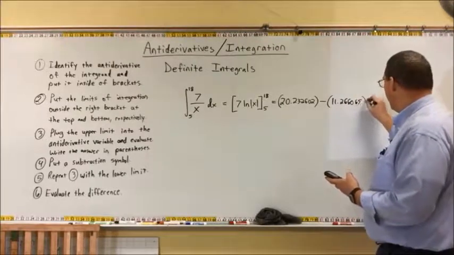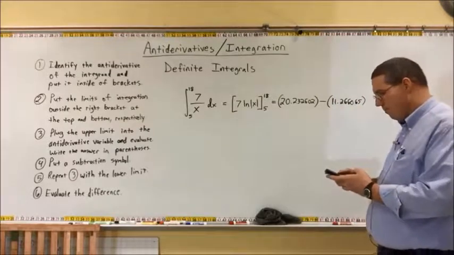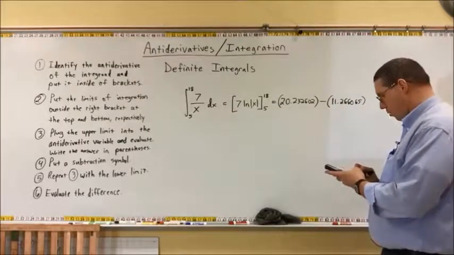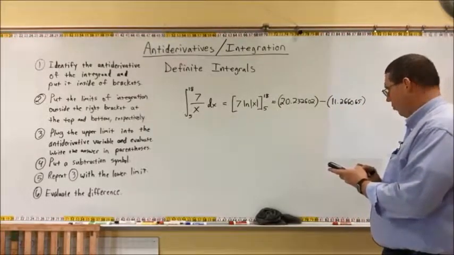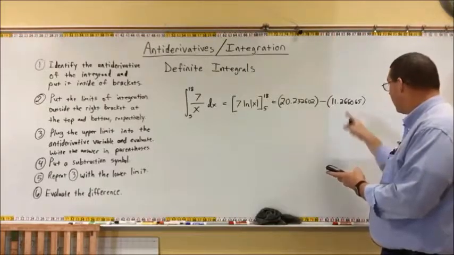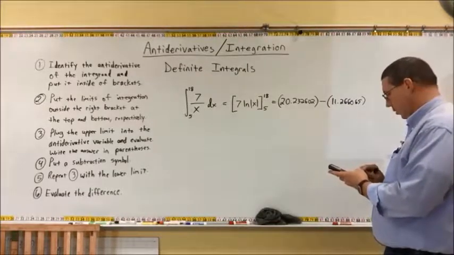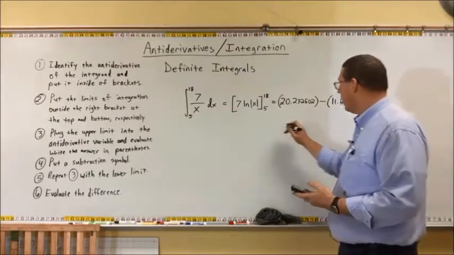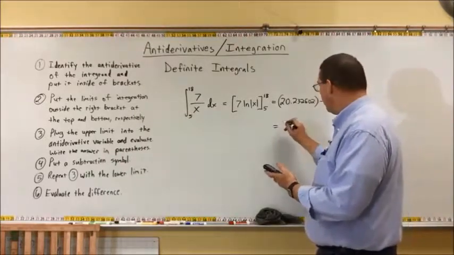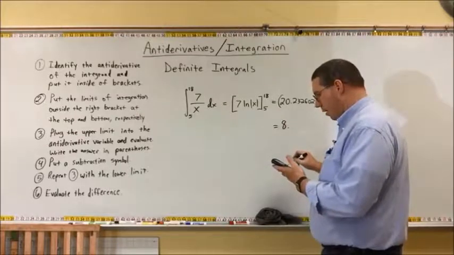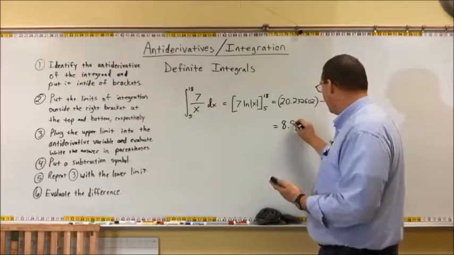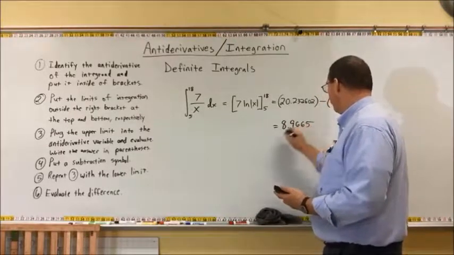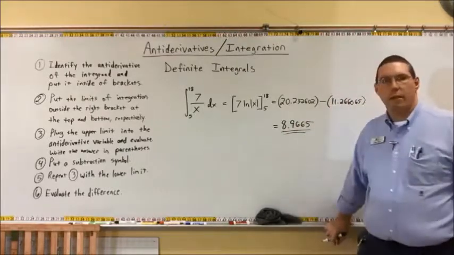And now I'm just going to subtract these numbers. 20.232602 minus 11.266065. And I get, my final answer is 8.9665. There we go. That is the final answer.